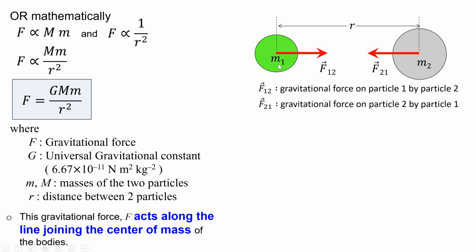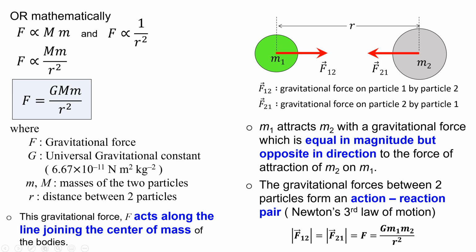Okay. M1 attracts M2 with a gravitational force which is equal in magnitude but opposite in direction. So if we look here, F12 is acting to the right and F21 is acting to the left, but their magnitudes are always equal.